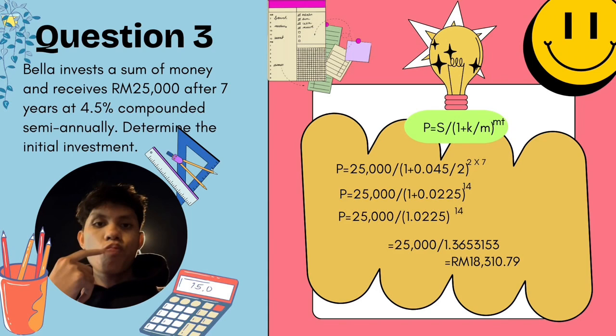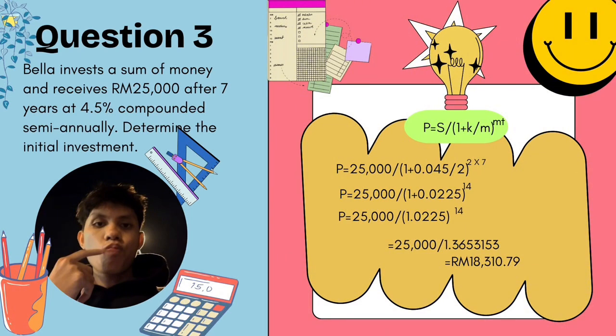Next, for question 3, Bella received a maturity value of 25,000 ringgit after 7 years at 4.5% compounded semi-annually. We need to find her initial investment or principal. We rearrange the formula to solve for P by dividing the final amount by the interest factor.